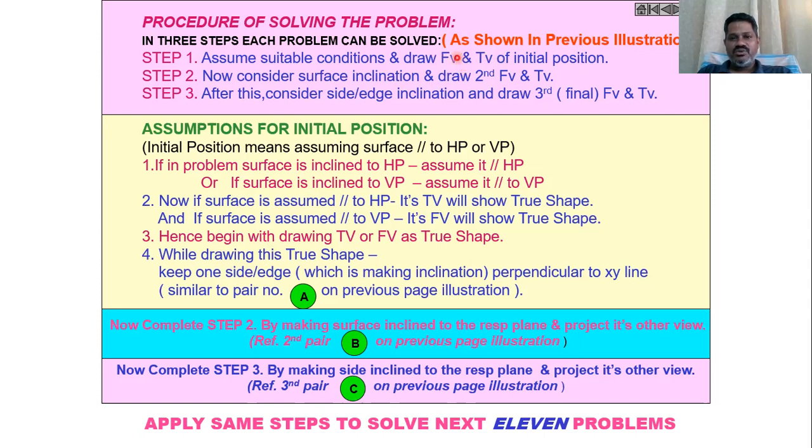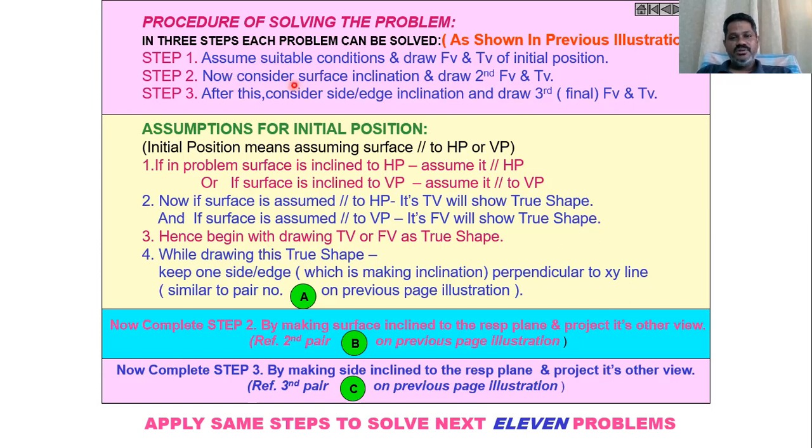That means we are going to assume the surface is parallel to the horizontal plane or the vertical plane. It is not going to make any angle with HP or VP. With that assumption, we are going to draw the front view and top view with the given dimensions for the given shape.